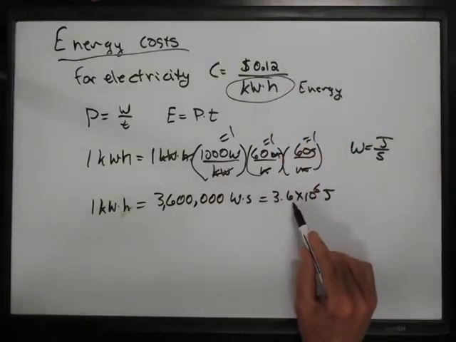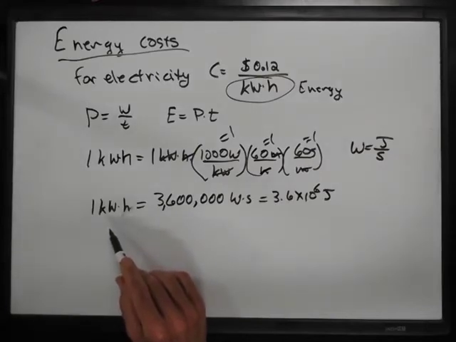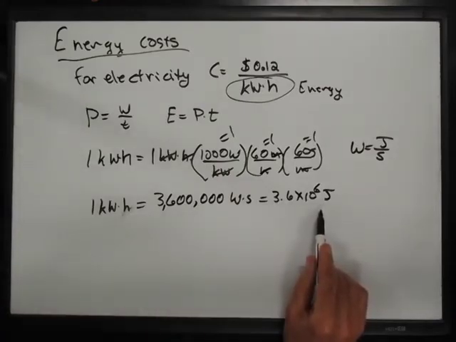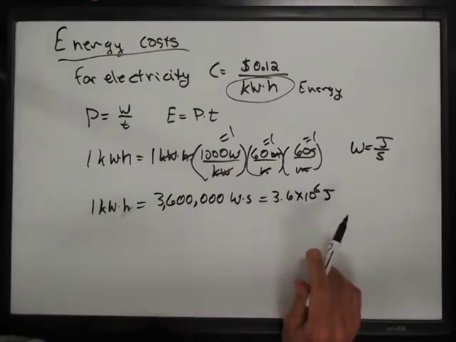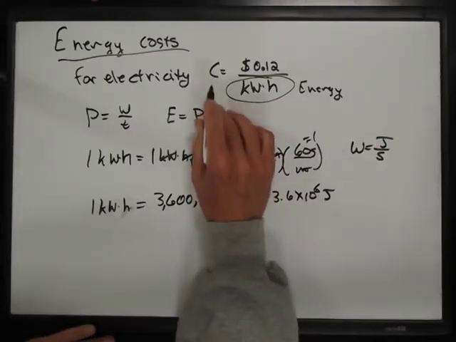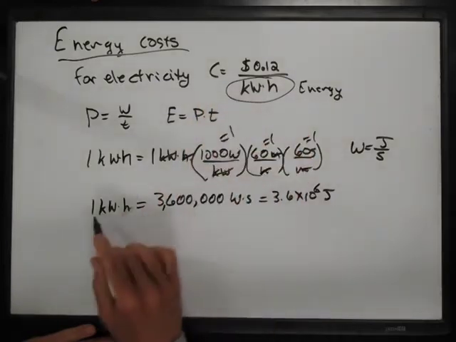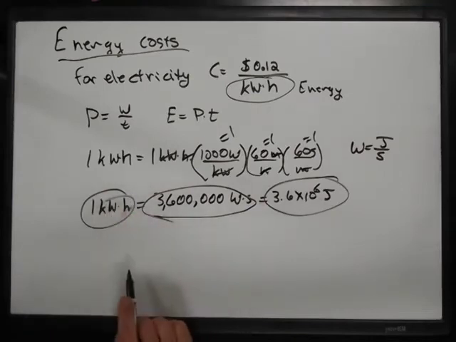So you wouldn't want to be charged for 3.6 billion joules. And so a kilowatt hour is like talking about a mile or even an astronomical unit or a light year, when you're talking about a large amount of energy. It's a large amount of energy in human terms, but not in astronomical terms. And so that's how much you're getting charged. It's 12 cents for every one of these, or one of those, or one of those, right?